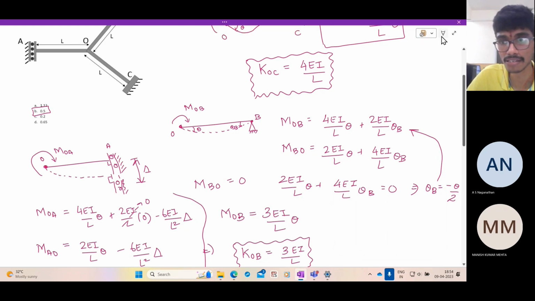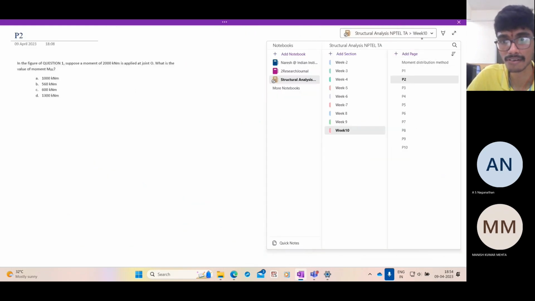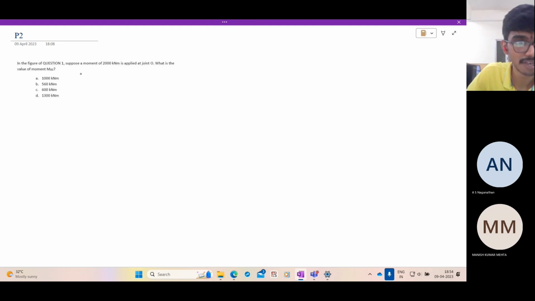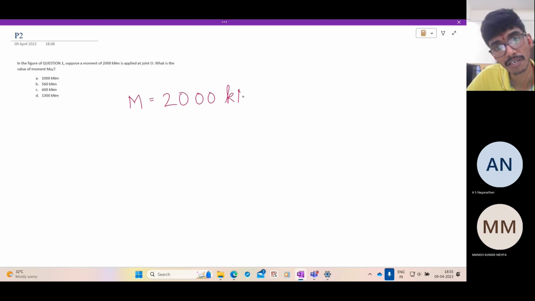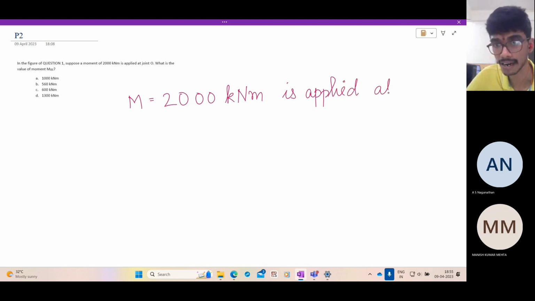So this is a simple question. Now in question one, suppose a moment M of 2000 kilonewton meter is applied to the joint at O. What is the value of the moment MOC?